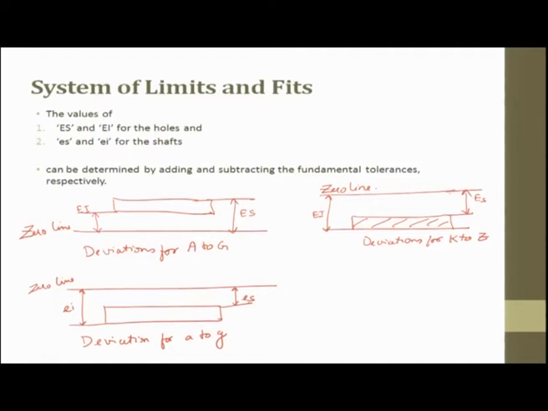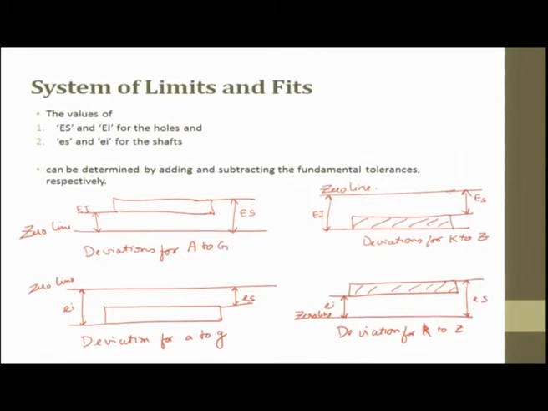Then you will have your 0 line, this is your EI and this is your ES. This is for deviations for K to Z, small k to z. Okay. This is for a shaft. So, this is for a hole and this is for a shaft.